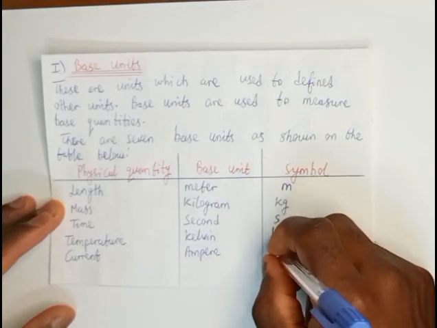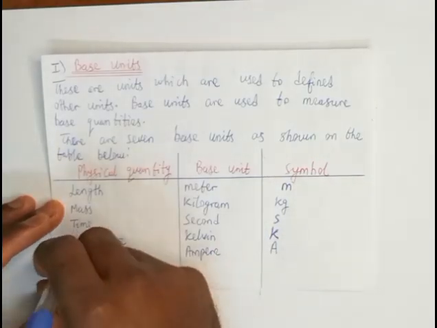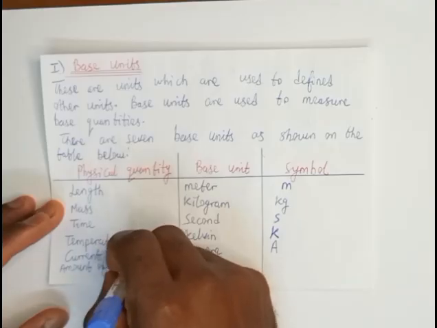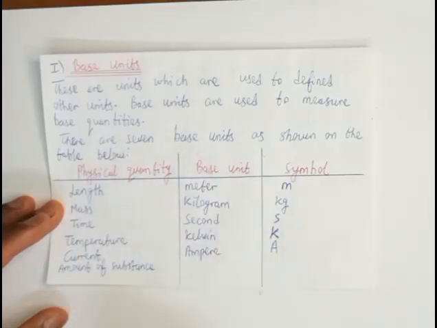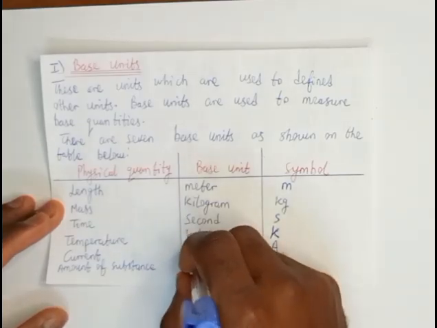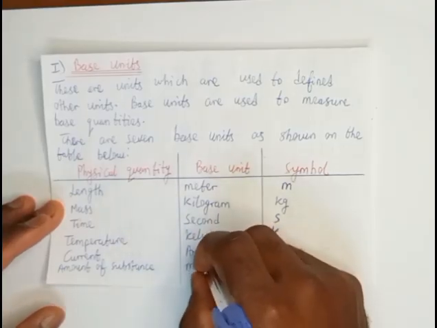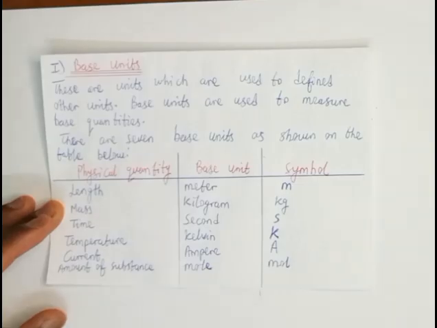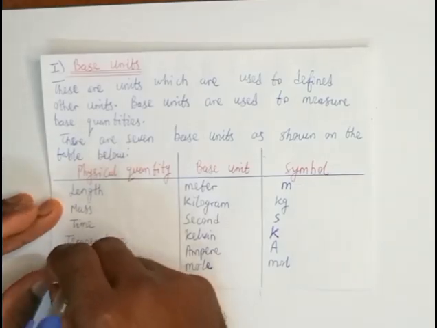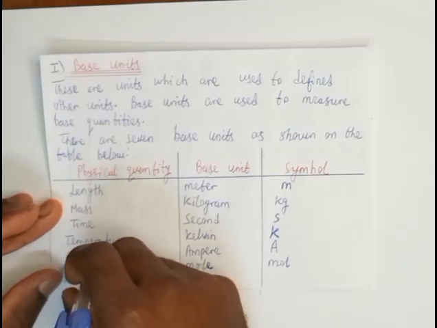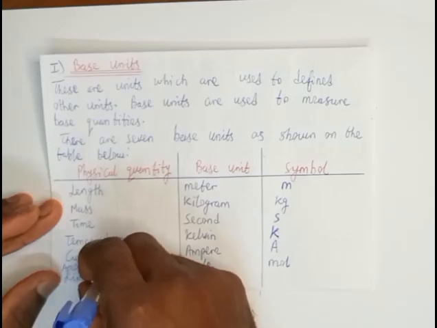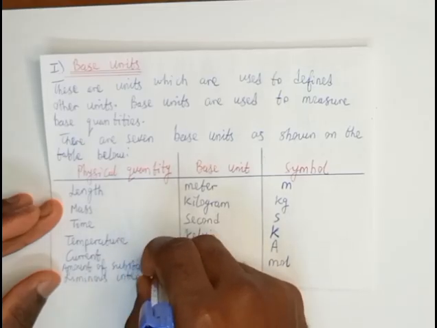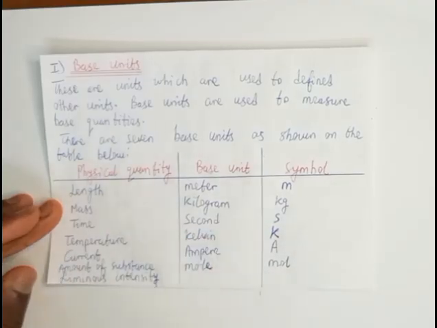It has a symbol uppercase A. The next we have the amount of substance, which has a base unit the mole, and it is represented by mol like this without an E. The next we have the luminous intensity.